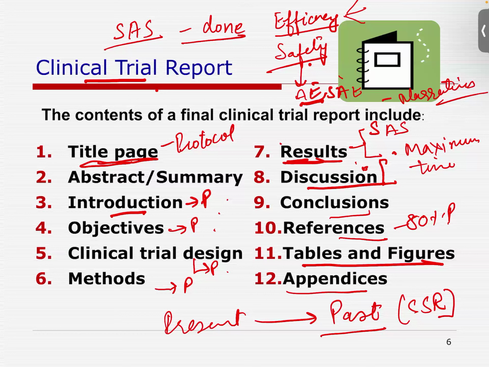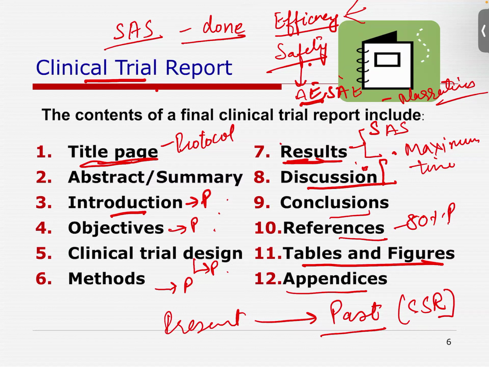Because of redaction and anonymization, these are very new teams. The growth opportunities are also higher. But that is a little off topic. This is how you focus on your clinical study report.